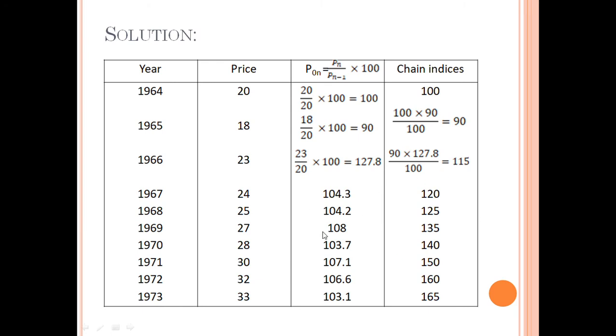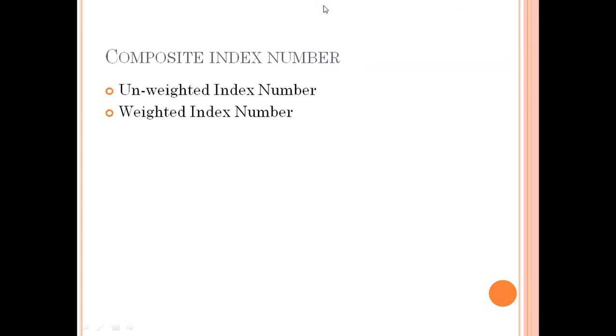In this way you can find the chain indices. Here it is misprinted. For 23 you will divide by 18, not by 20, so it is a misprint. You will write 18 here, and by the same method you will convert these link relatives into chain indices.